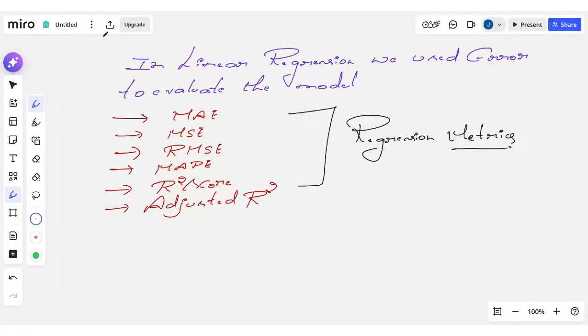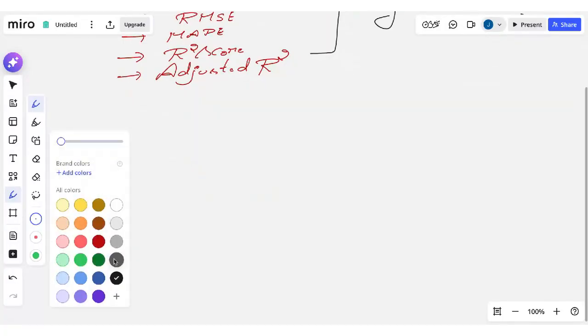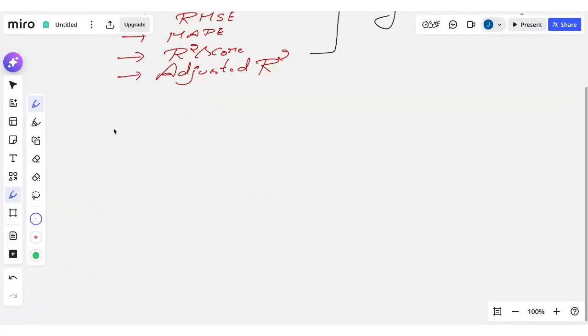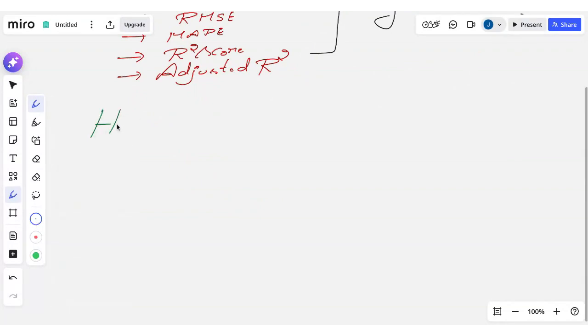If you want to evaluate a classification model, we have a different technique. So now let's understand how to evaluate a classification model. Tell me, how do you evaluate? There we were using actual minus predicted. So now how do we evaluate a classification model?